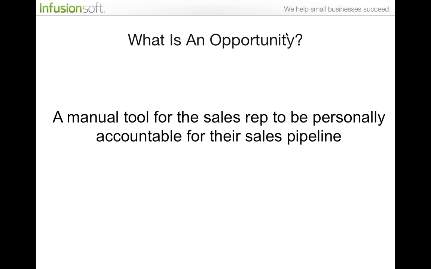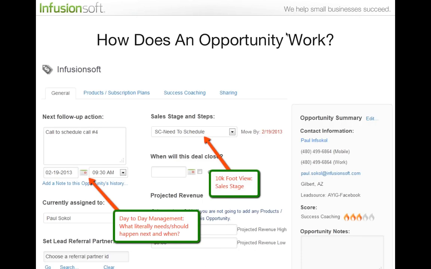So that is what an opportunity is. It is a manual tool for you or your sales team to be accountable. So as far as how it works, it does two things. It helps keep a 10,000-foot view of where somebody is at in the process, and this is with the sales stage that you see there. And then as far as the day-to-day management of it, or just the follow-up, that is the next action date and time that you see down here.